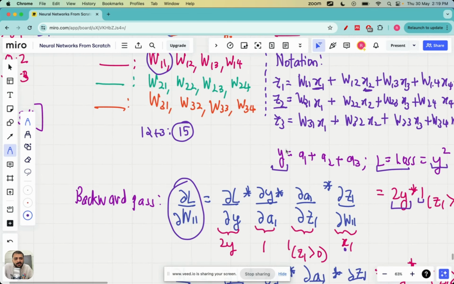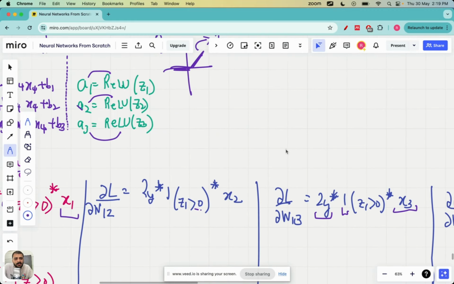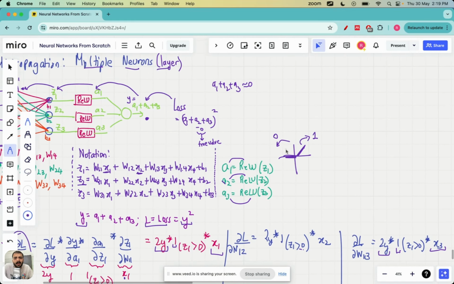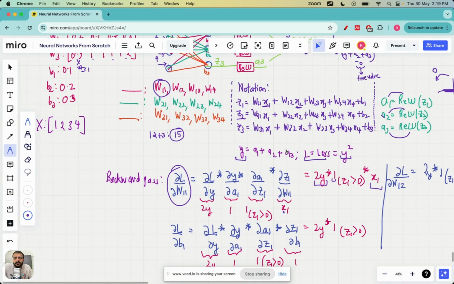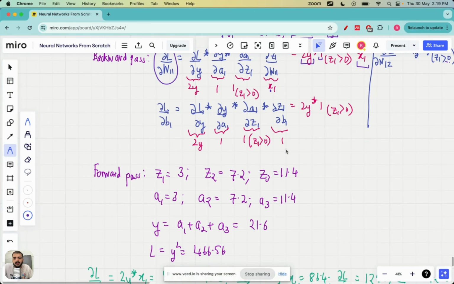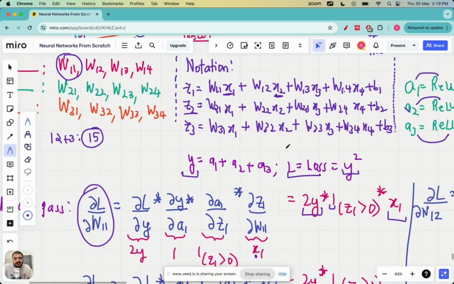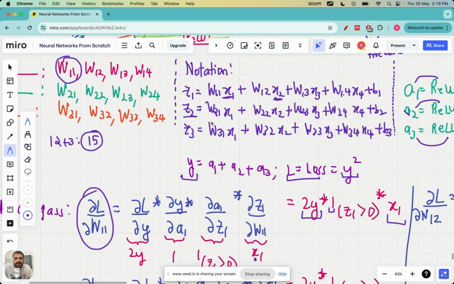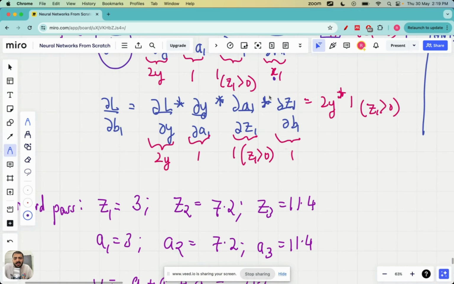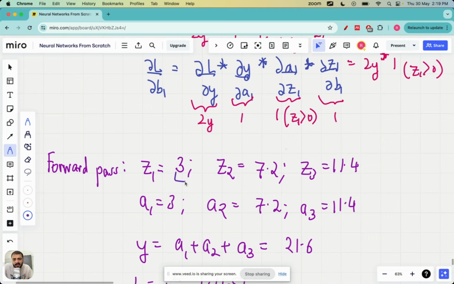Okay. So let's do one iteration of the forward pass actually, and let's try to find out what each of these values are. When you do the forward pass, you will calculate Z1, Z2, and Z3 through these summations. And it turns out that Z1 is equal to 3, Z2 is equal to 7.2, and Z3 is equal to 11.4.